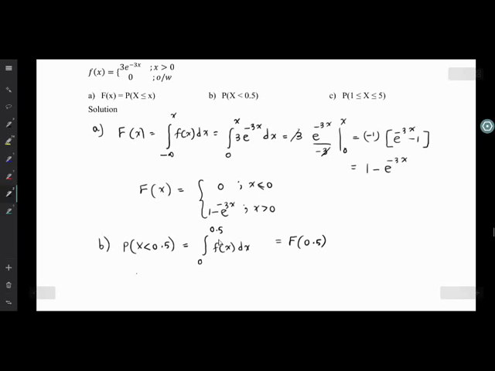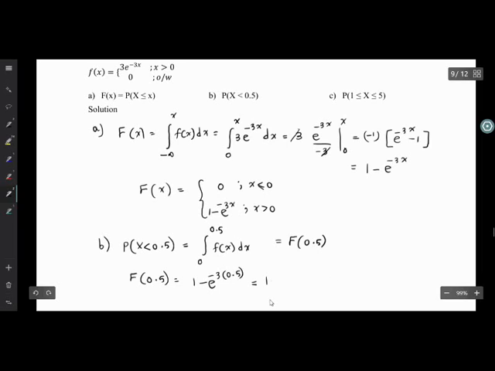Since you already have the function Fx, if you want to find F(0.5), you take your Fx, which is 1 minus e to the negative 3x. Instead of x, you write the value you want, which is 0.5. Rather than doing the integration again, since you have already done the integration up to any x, simply substitute 0.5 into your capital Fx.